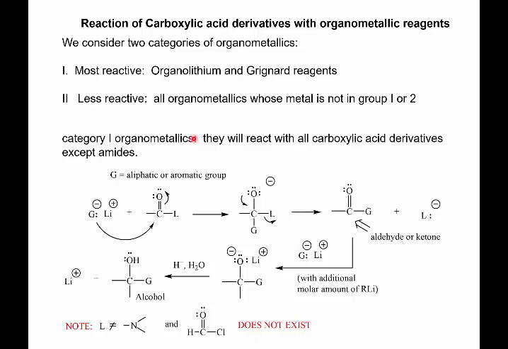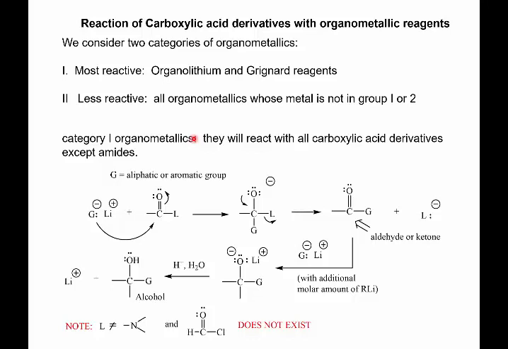Now, if you recall, organometallic compounds fall fundamentally into two categories. Category 1, those are the most reactive ones, and they include where the metal is group 1, group 2, the organolithium and the Grignard reagents. And category 2 include all the other metal organometallics, and they're less reactive.